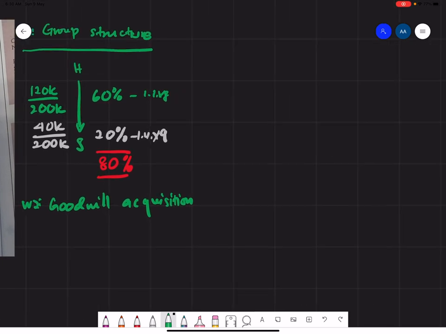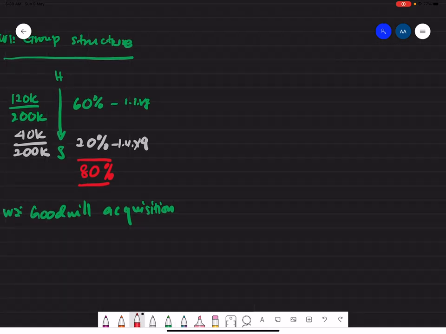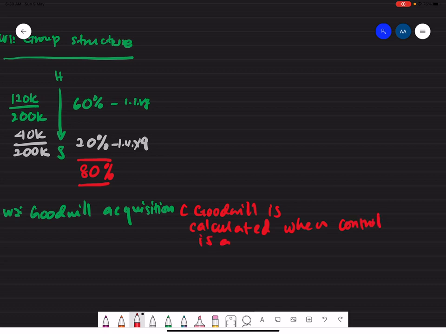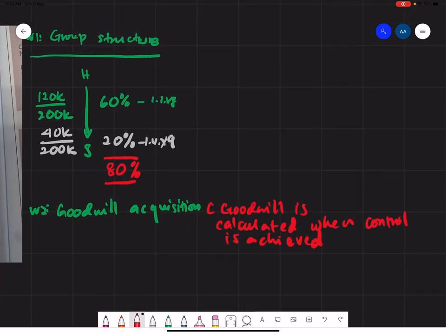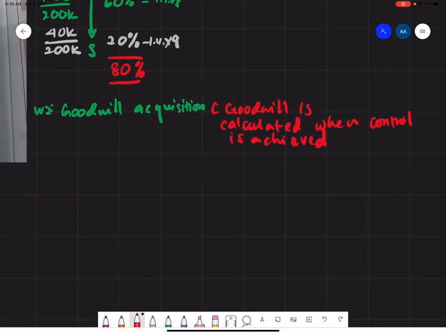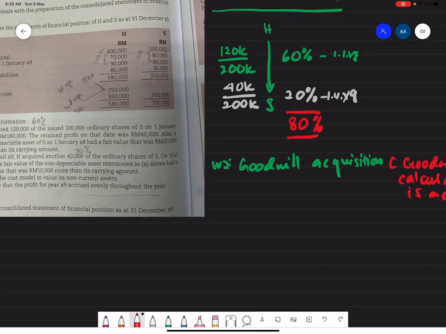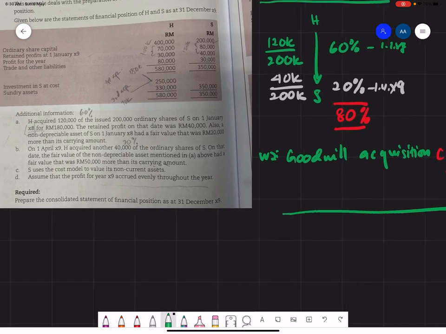Remember, we want to put a note here: goodwill is calculated when control is achieved. It is achieved in this case on 1st January X8. Okay, so now we'll calculate the goodwill.